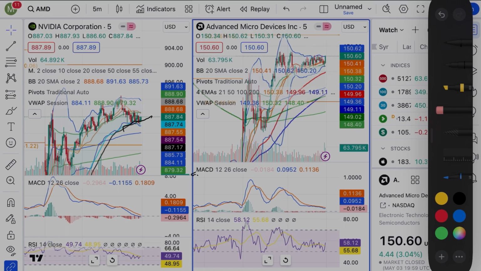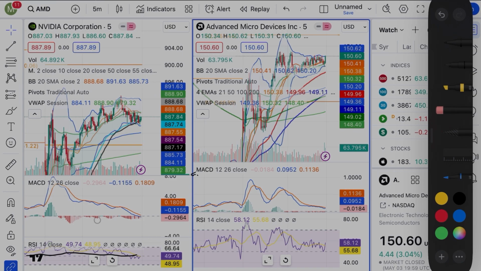The MACD looks like it's about to cross, and the RSI is on its way up, right? That's bullish confirmation on every time frame. Now, on NVIDIA, the MACD is about to cross, and we're right at that level of support, which I feel like we're gonna break through.